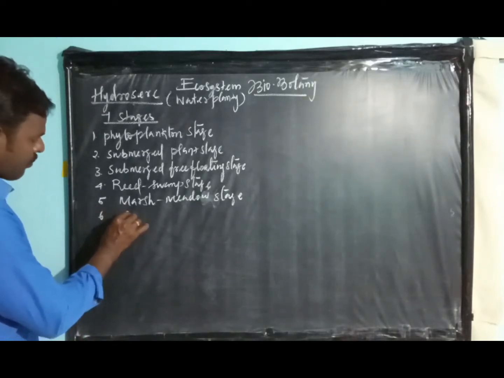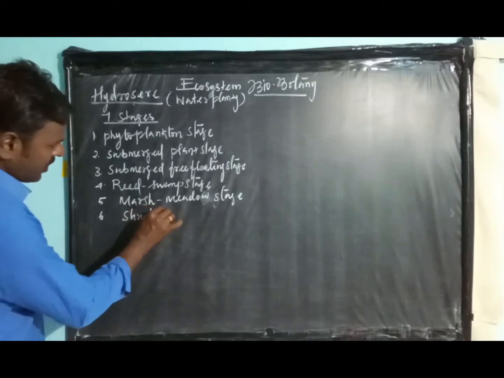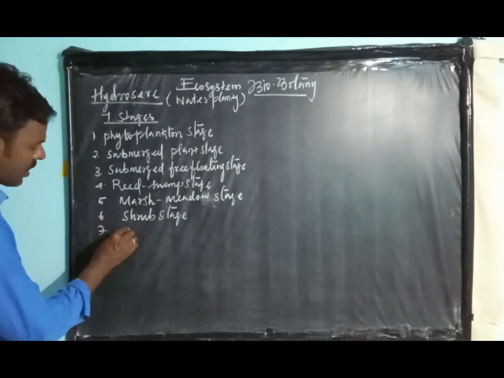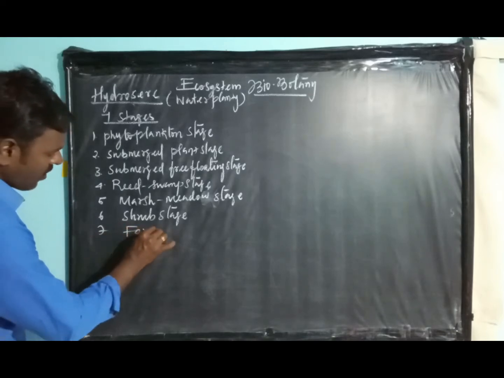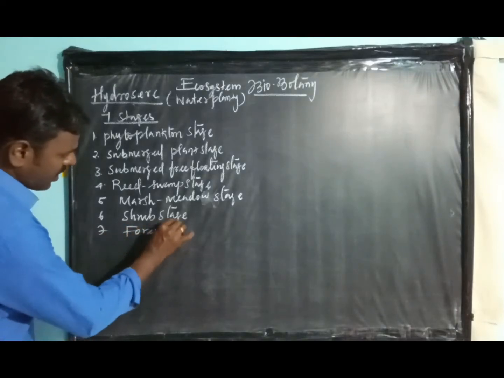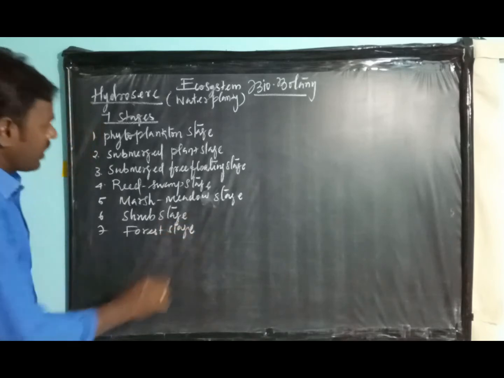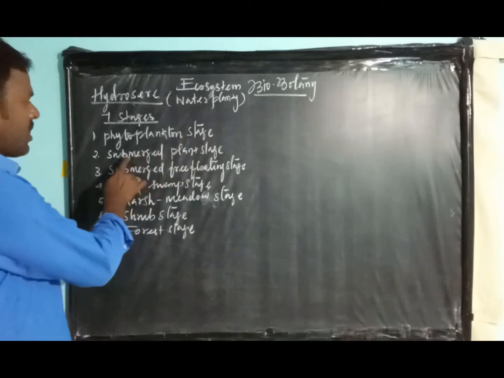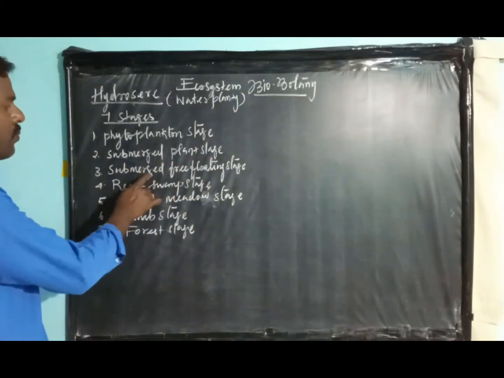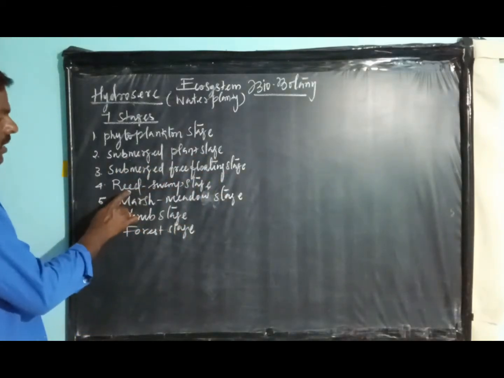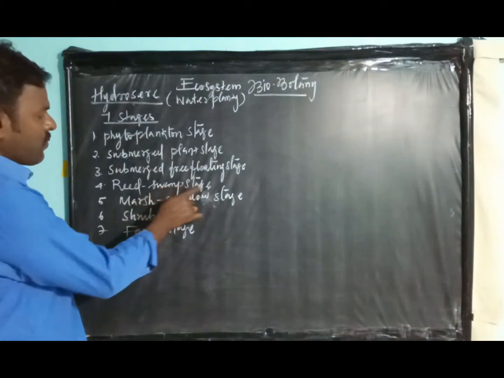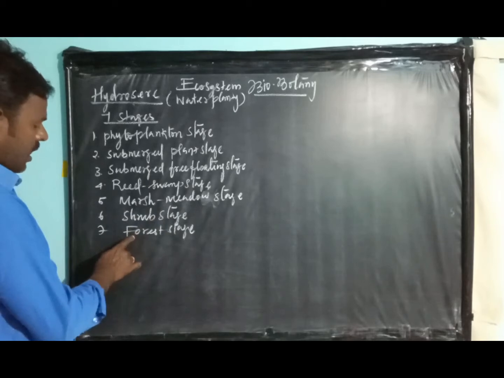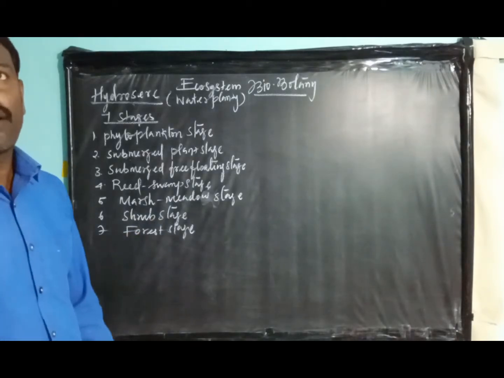Sixth is shrub stage. Seventh is forest stage. So there are 7 stages: phytoplankton stage, submerged plant stage, submerged free floating stage, reed swamp stage, marshy meadow stage, shrub stage and forest stage.